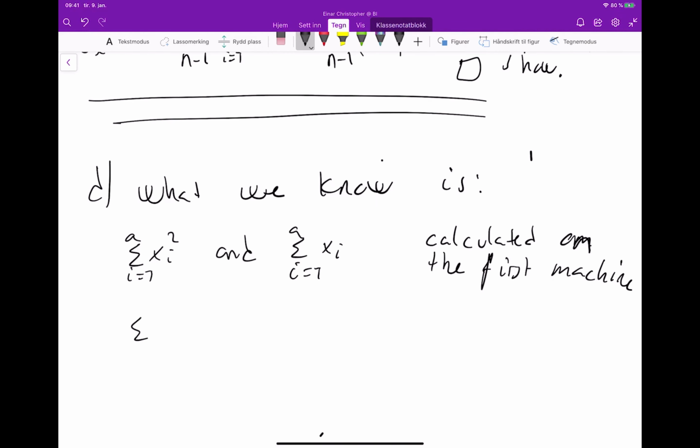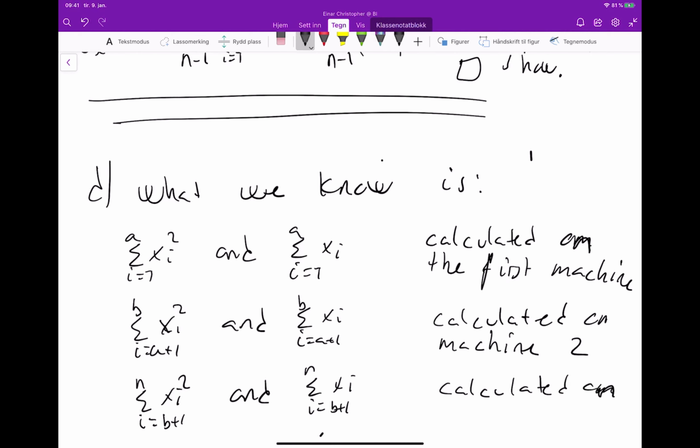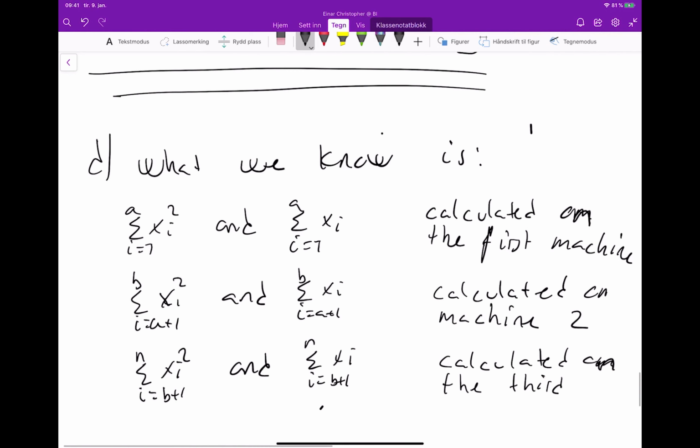And we also know, this is information we get, the sum from a plus 1 to b of x i squared, and the sum i from a plus 1 to b x i, calculated on machine 2, and at last we know the sum i equal b plus 1 to n x i squared, and the sum i equal b plus 1 to n x i, calculated on the third machine.